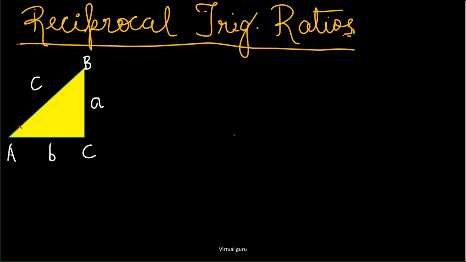Okay, with respect to A, then we can write sine of A is equal to A by C.